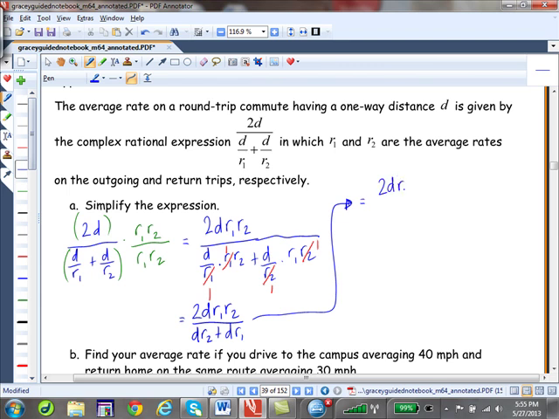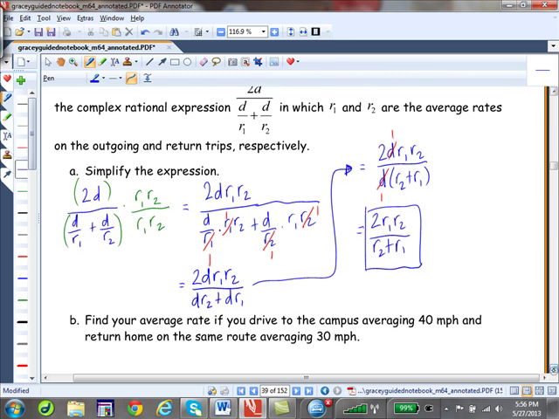So the numerator is still 2d, r1, r2 all multiplied together. And then if we factor out a d, we're left with r2 plus r1. So the d's will divide out to be 1. So at the end of the day, we'll have 2 times r1 times r2 over r2 plus r1. That is the simplified form.